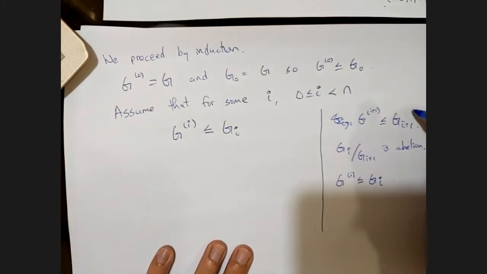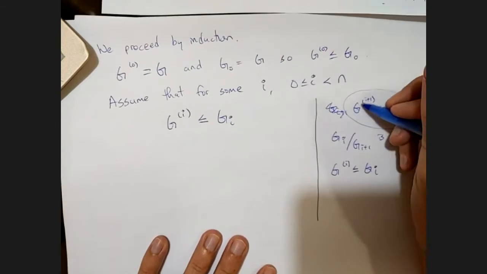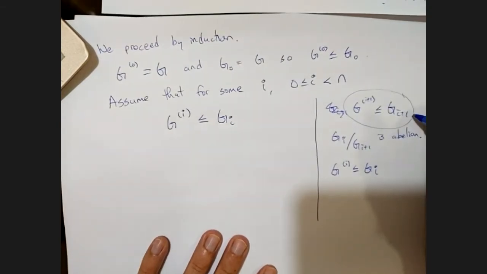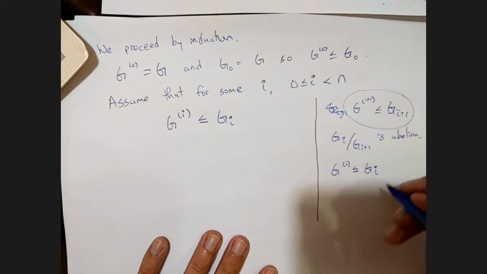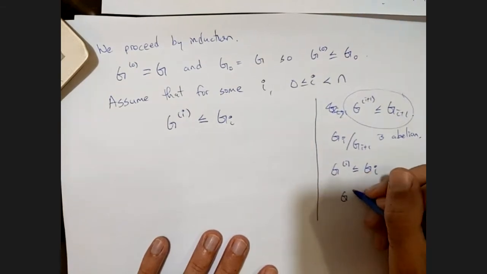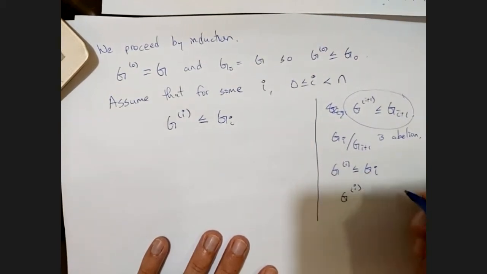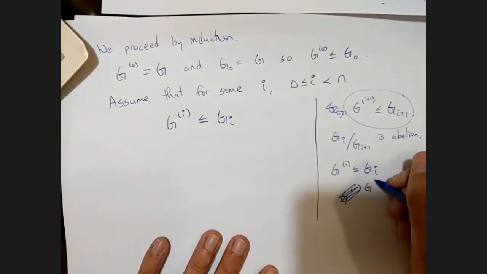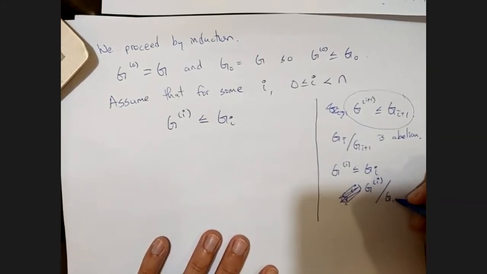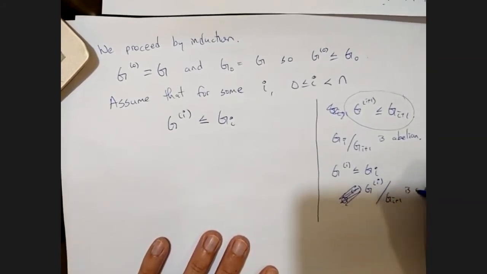So one thing we could try to show to establish this, we could try to show that G_{i+1} was abelian.